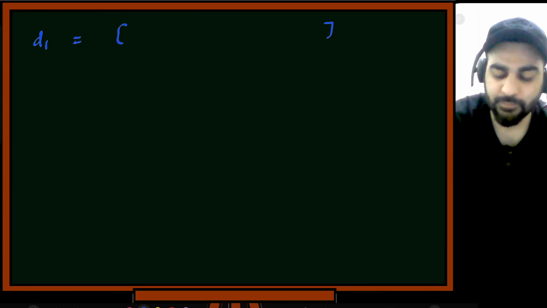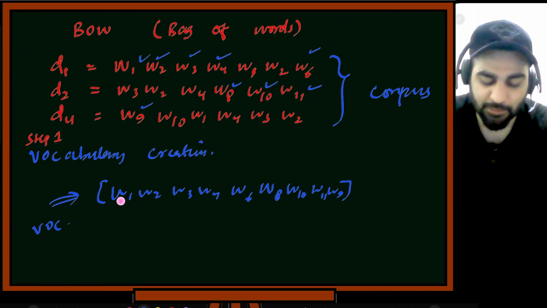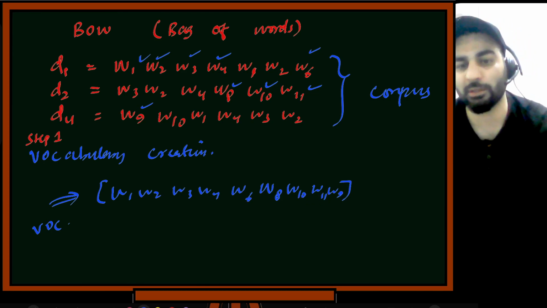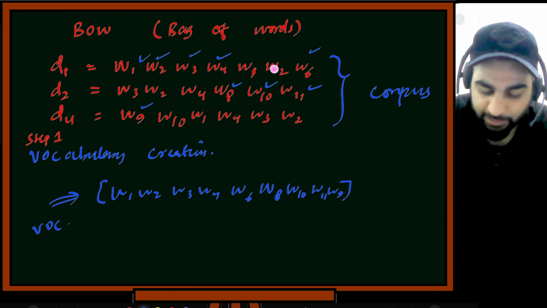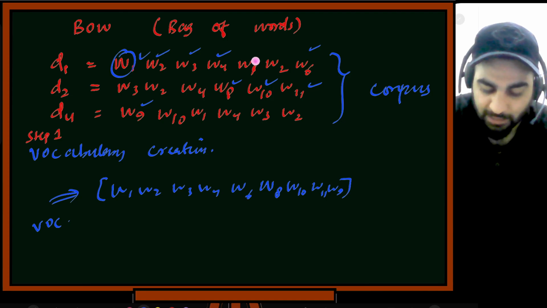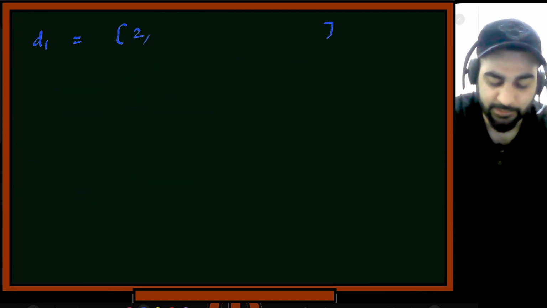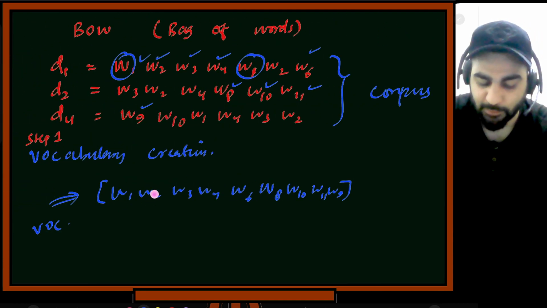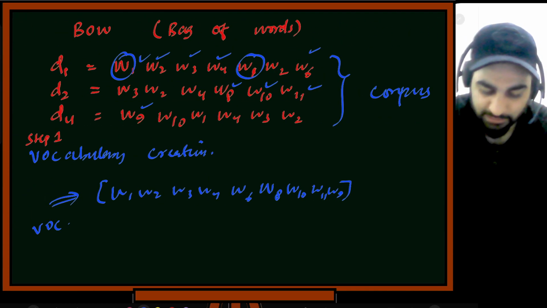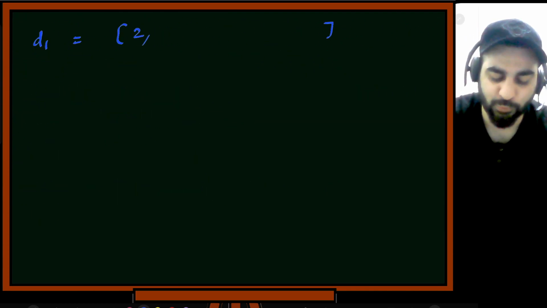For document 1, the vocabulary is W1, W2, W3, W4, W6, W8, W10, W11 and W9. Now you say W1 appeared 1 time, and 2 times over here, so you write 2. Then W2 is 1 time, also 2 times, I think, so this is also 2.